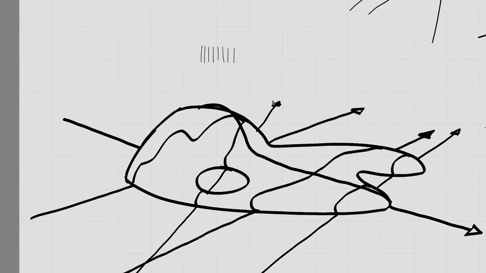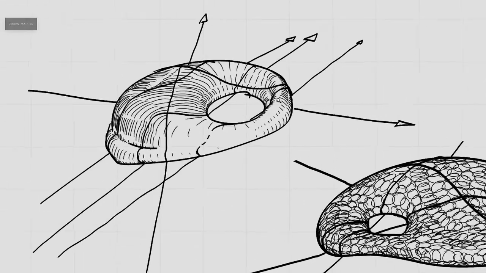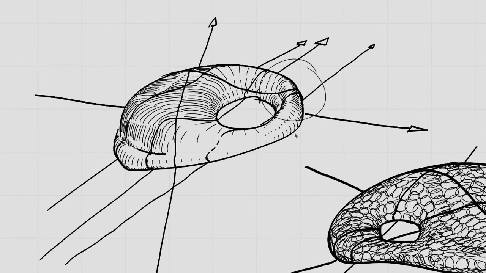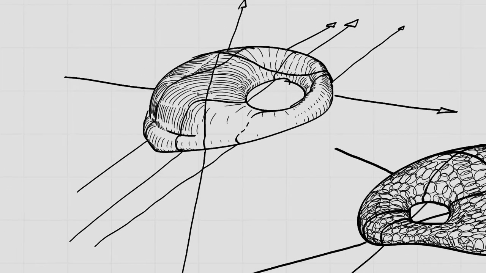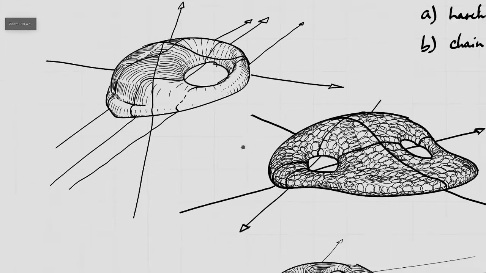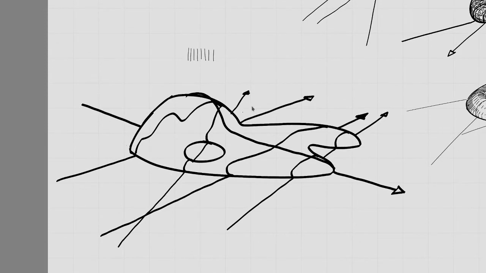Roughly. It doesn't have to be exact. Like here, the length is much bigger than in this area, and the density here is much lower than here. But that's okay. It doesn't have to be exact.